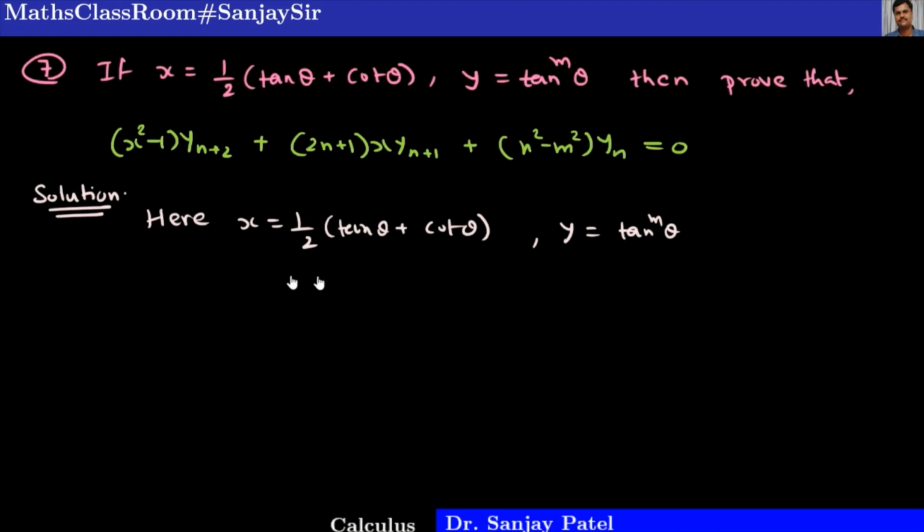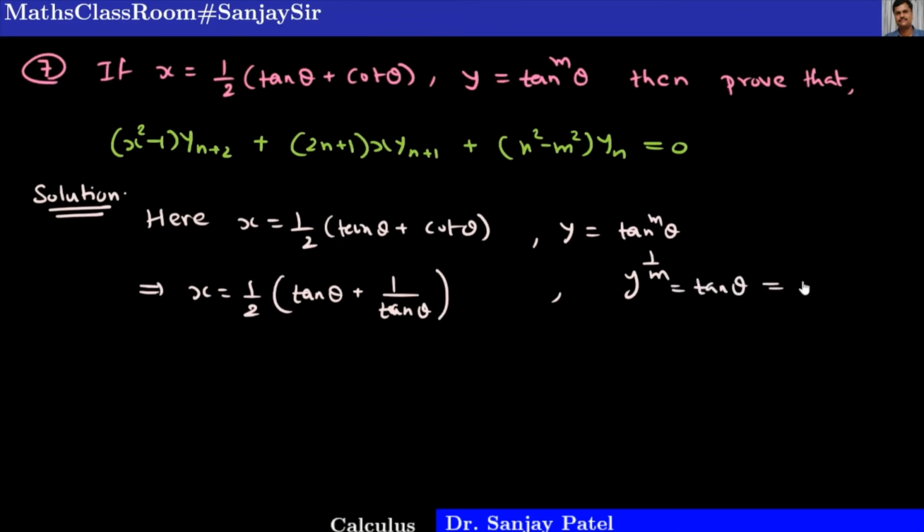So I can write x is equal to 1 upon 2 times tan theta plus 1 upon tan theta, and y raised to 1 upon m is equal to tan theta, and let us call this t. Putting tan theta equal to t, we get 2x is equal to t plus 1 upon t, and that gives us 2xt is equal to t square plus 1, multiplying both the sides by t.